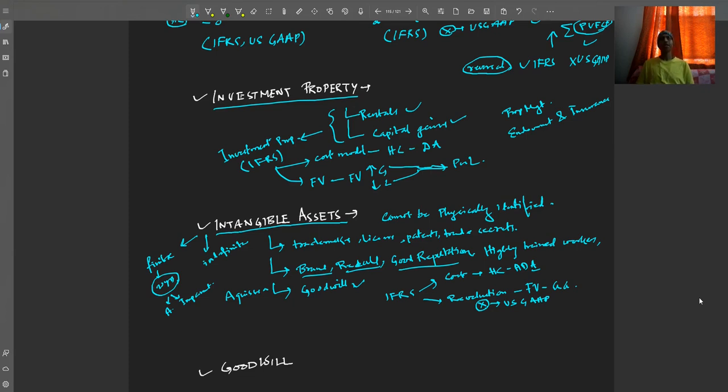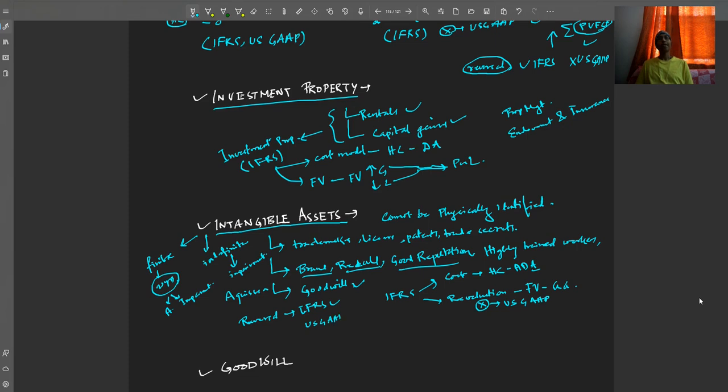So in this case, what you do is you look for impairment. Now when there is a tangible sign of impairment, then you reduce the value of the asset, either partially or completely. And reversal is only allowed under IFRS. It is not allowed under US GAAP.